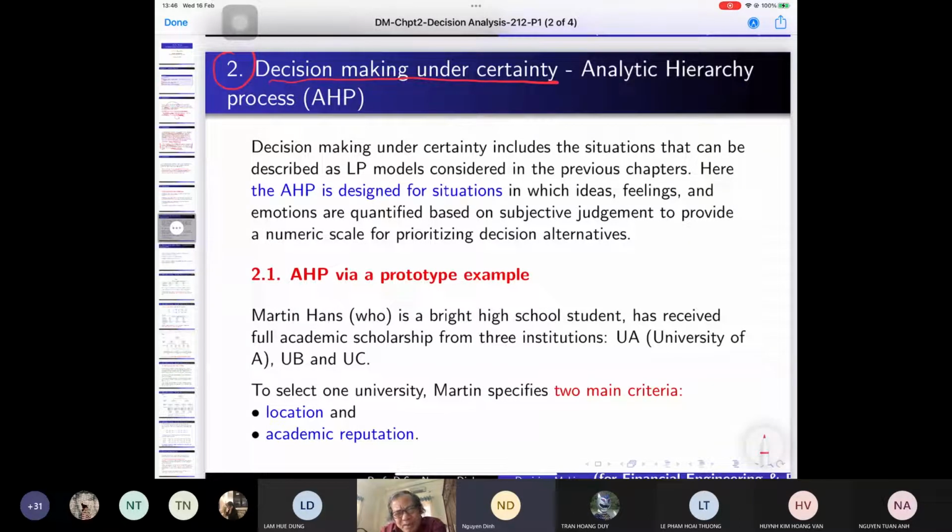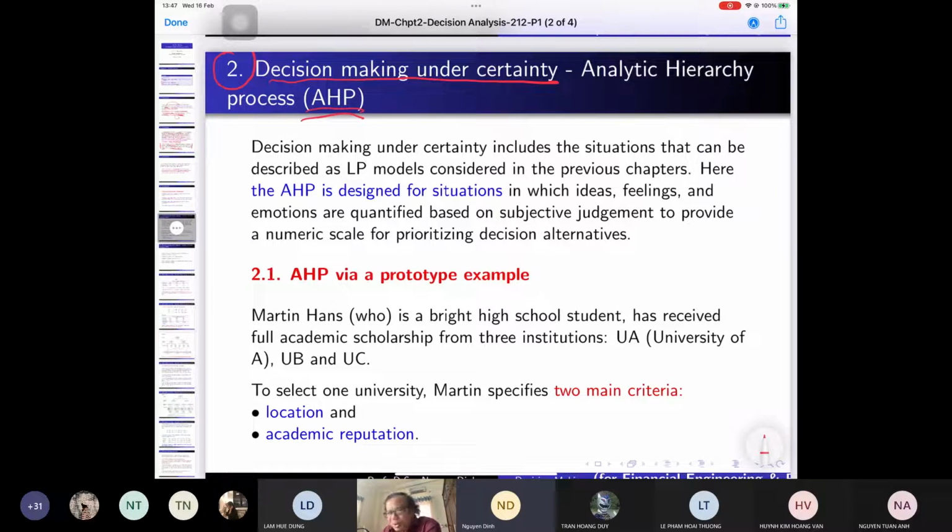In this case, the method we use is called the analytic hierarchy process. The name is a bit hard to pronounce, so we say AHP method.